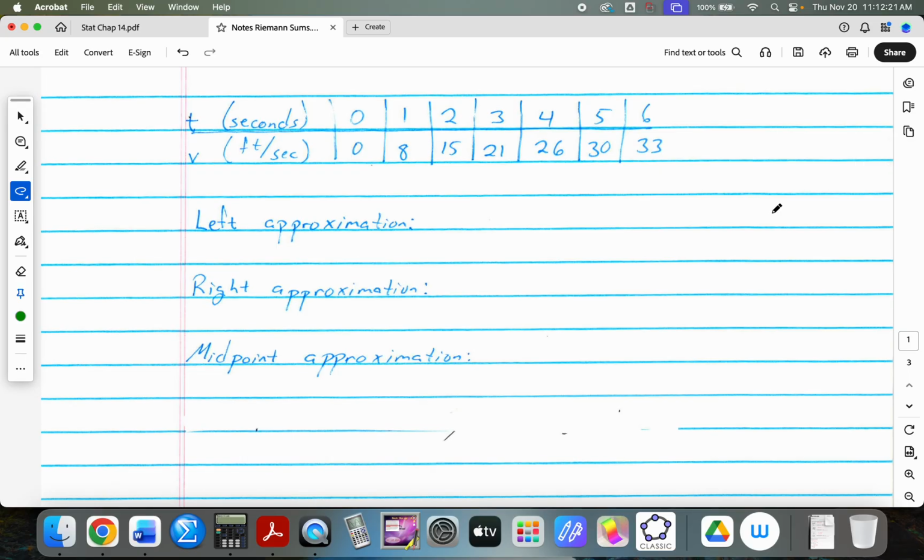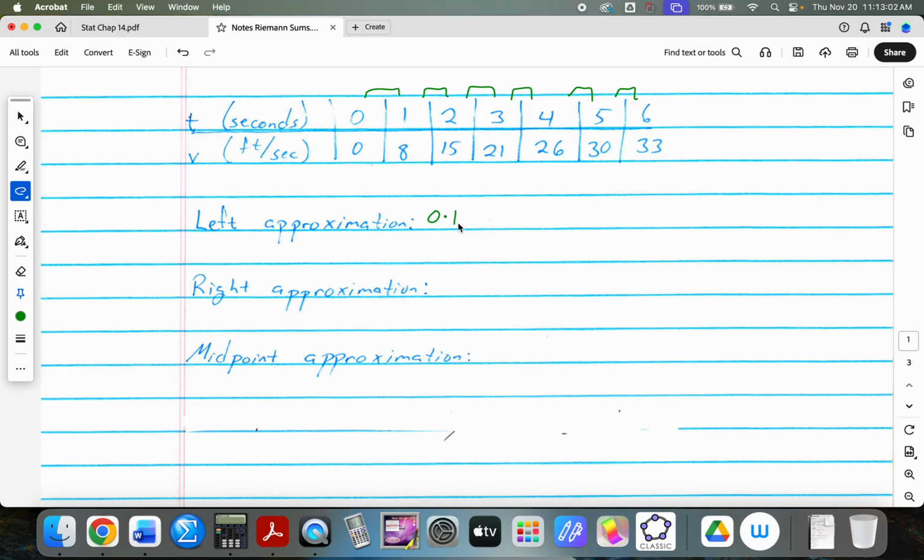So, if we have this table that has, for every second, the velocity of an object in feet per second, what we can do is divide this up into little subdivisions. For the first second, if we're doing a left approximation, we're going to take the left value of the velocity, 0, and assume that it's going 0 feet per second for that whole second.